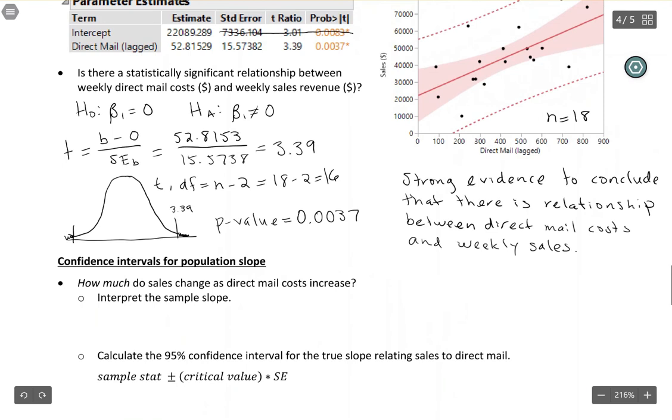So let's start off just by interpreting the slope. The slope is the number here with direct mail, 52.82 since it's in dollars.